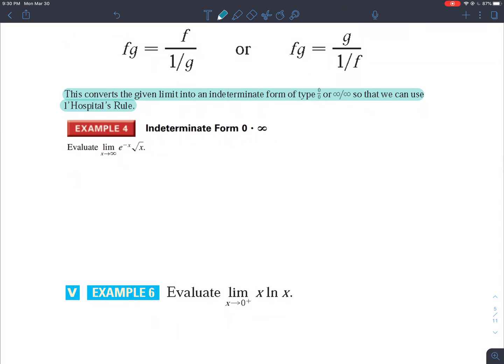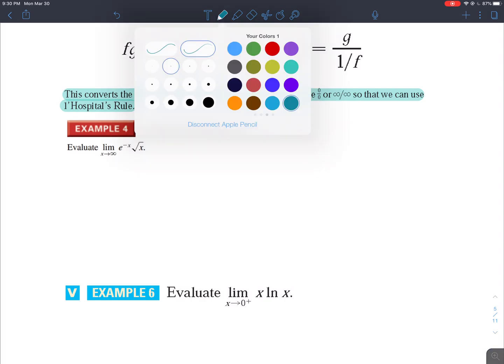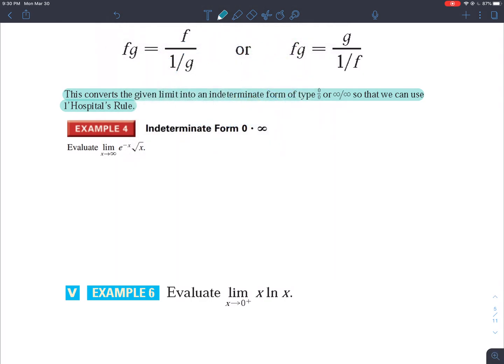In this first example, example 4, we're going to take the limit as x approaches infinity of e to the negative x times square root x. First, recognize that if we do some sort of direct substitution here, you have 1 over e to the x.